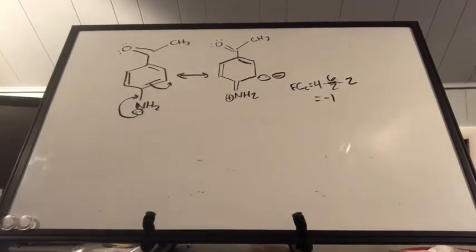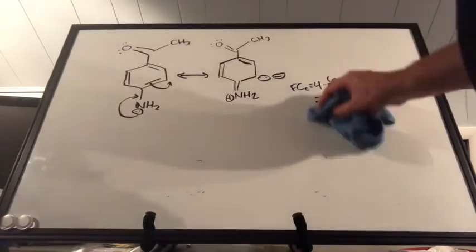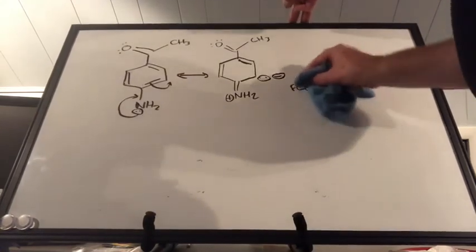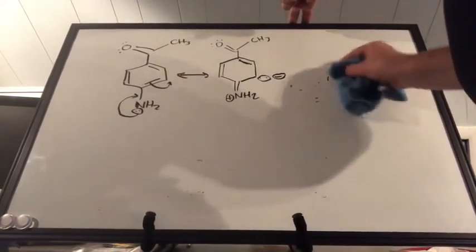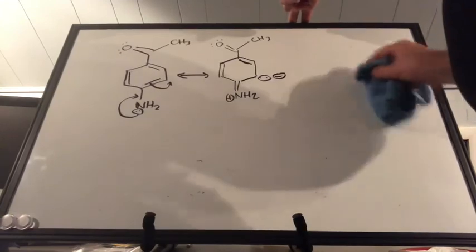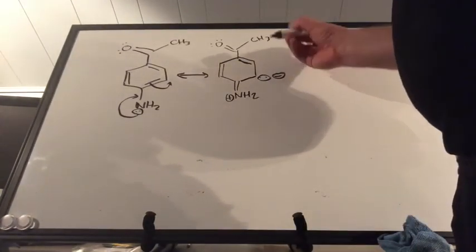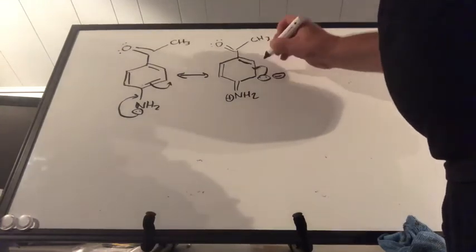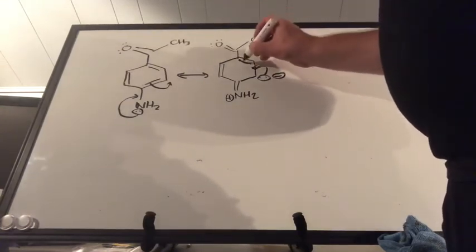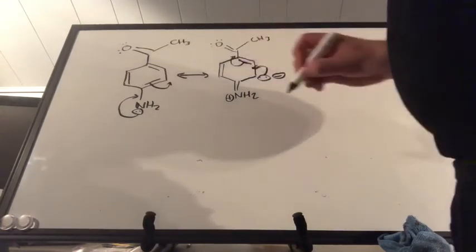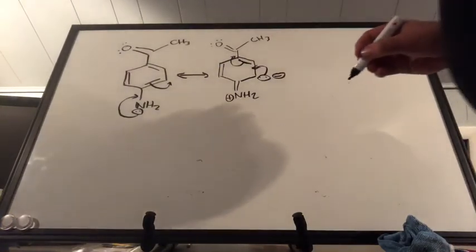Okay, so where do we move on from here? Well, we could go right back to where we started and be a little counterproductive and just show that it's somewhat resonance stabilized, or we could keep moving, which is what we're going to do. We're going to throw those lone pair back in right here and pick these electrons up.